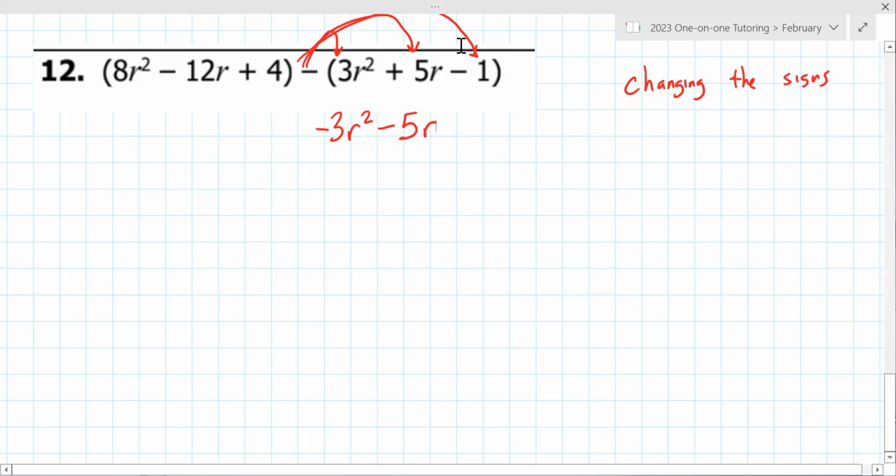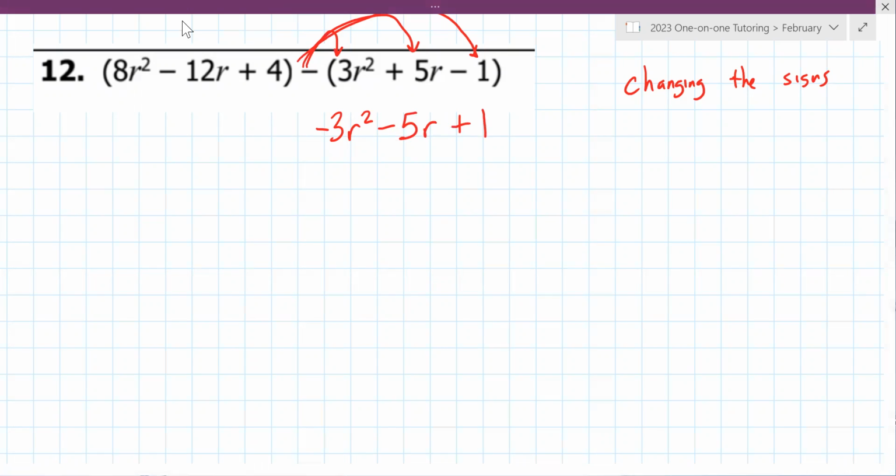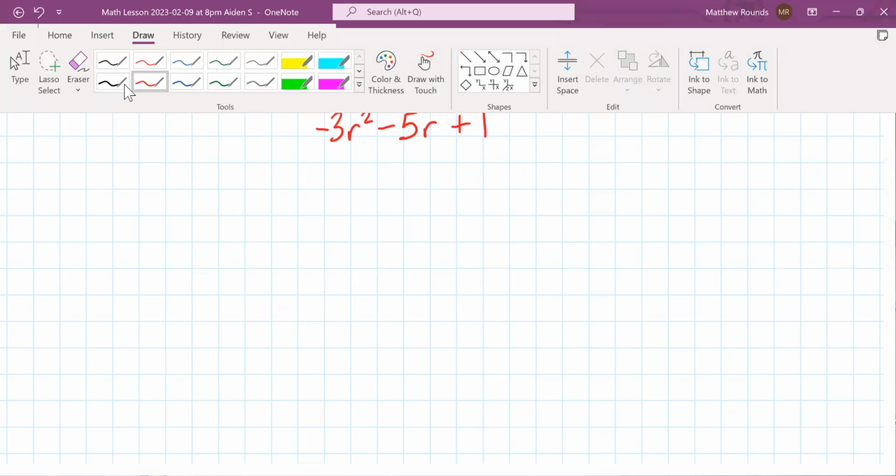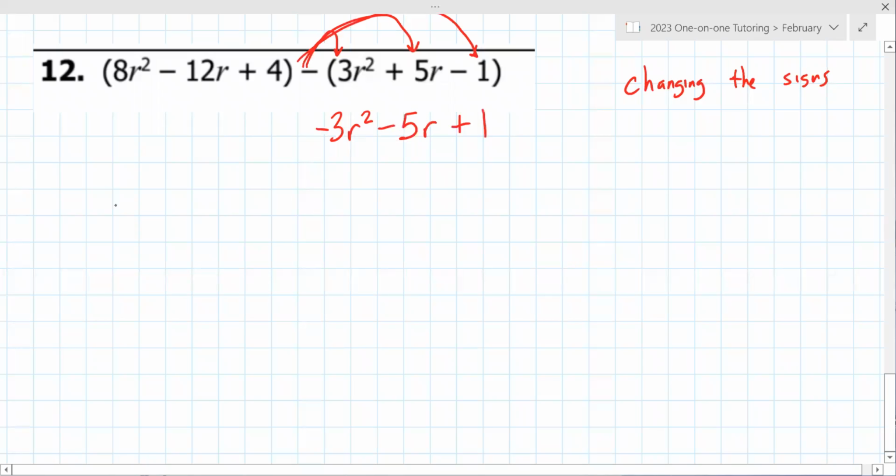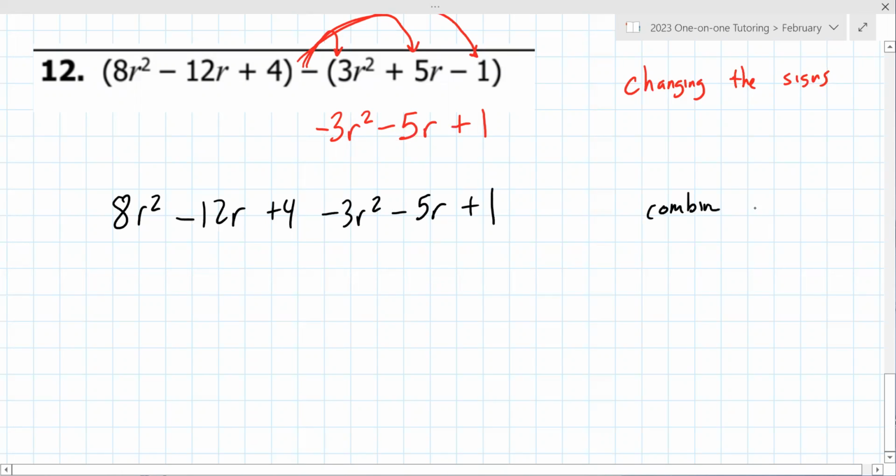The subtraction symbol is going to make it +1. So you're just changing the signs. Now I'm going to bring everything down and rewrite 8r squared minus 12r plus 4 minus 3r squared minus 5r plus 1. Now you have to combine like terms like we've been doing the last 3 problems.